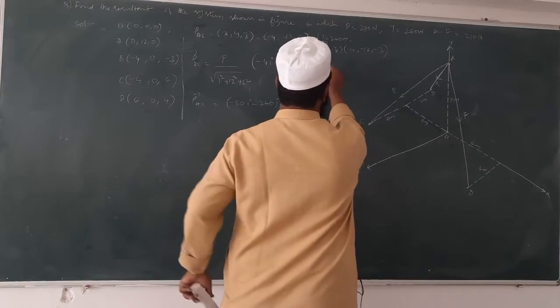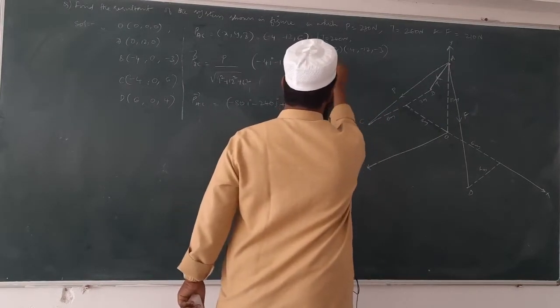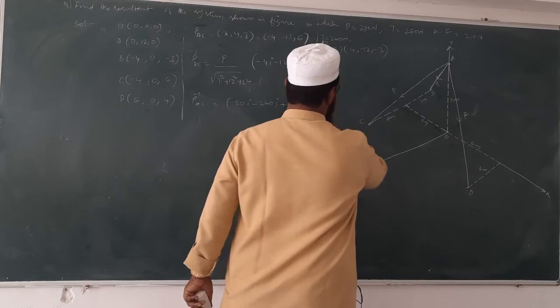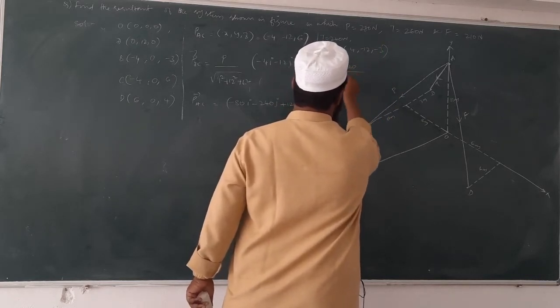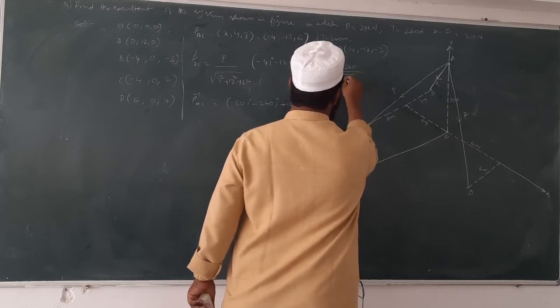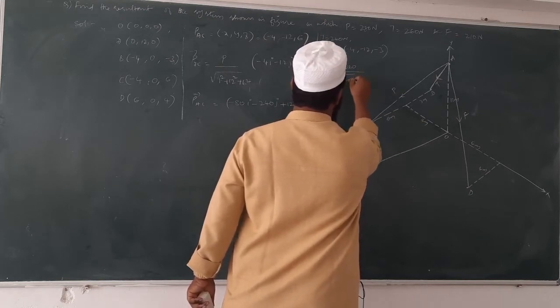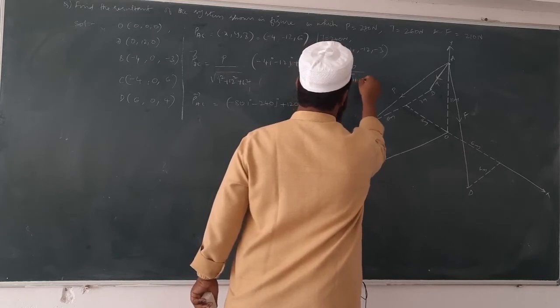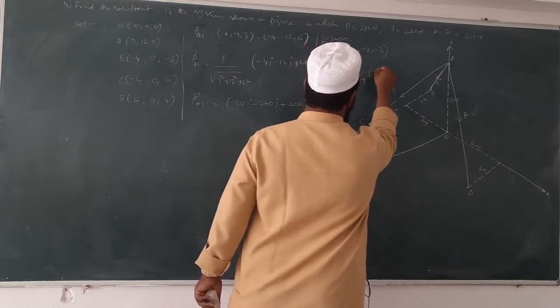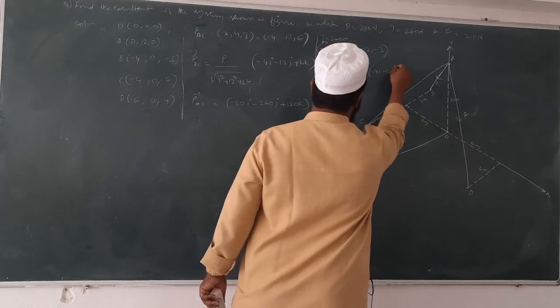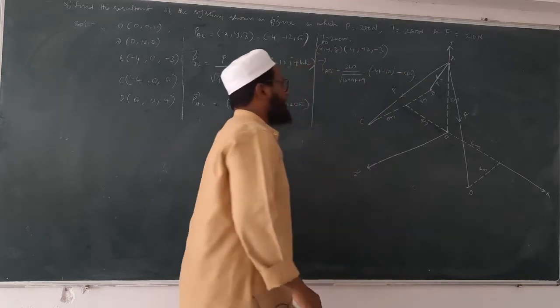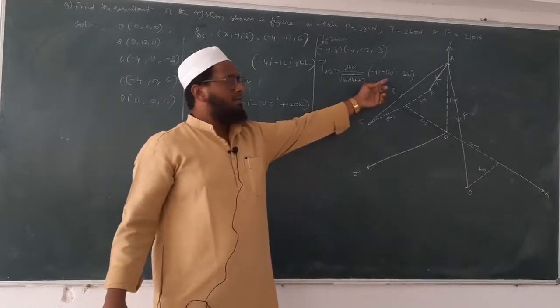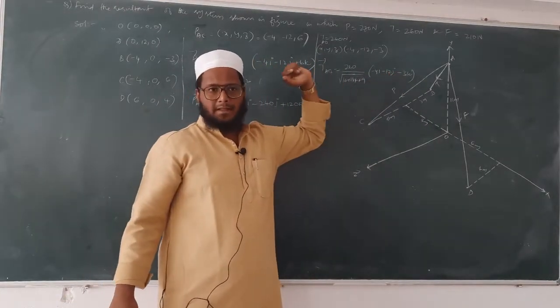Next is force vector AB is equal to, what is the force? 260 divided by under root 16 plus 144 plus 9, into minus 4i minus 12j minus 3k.